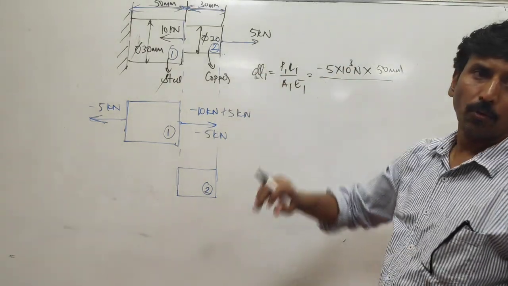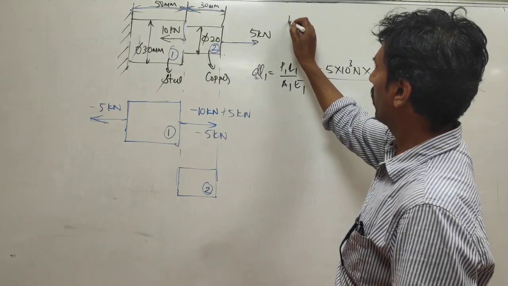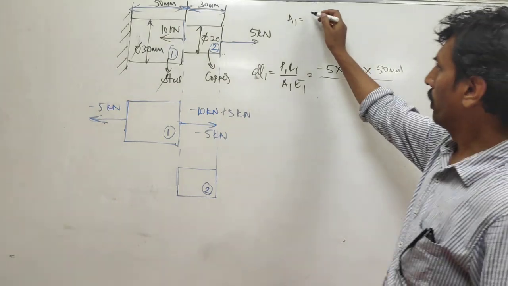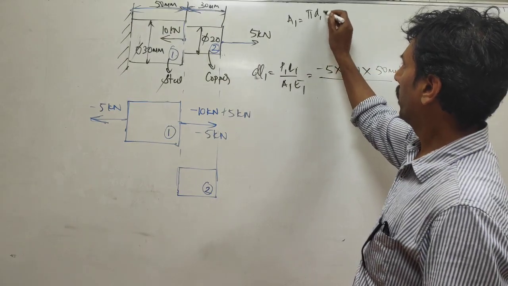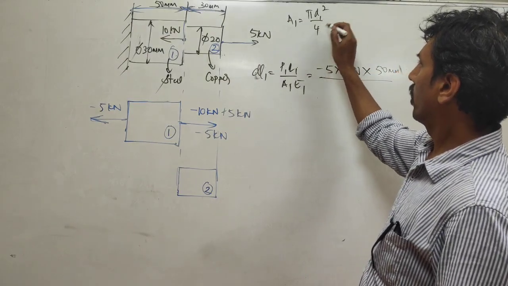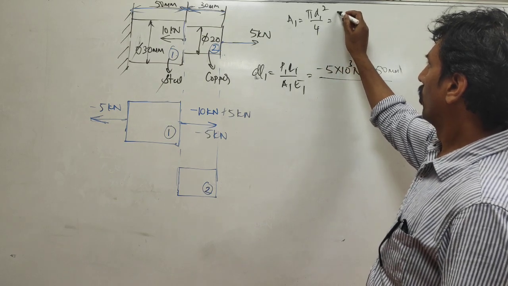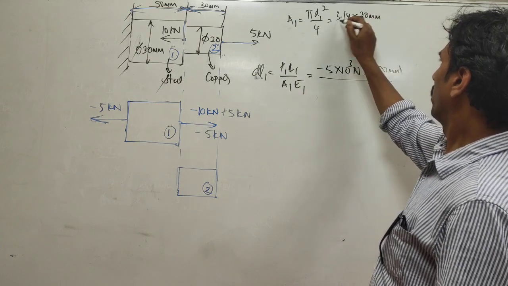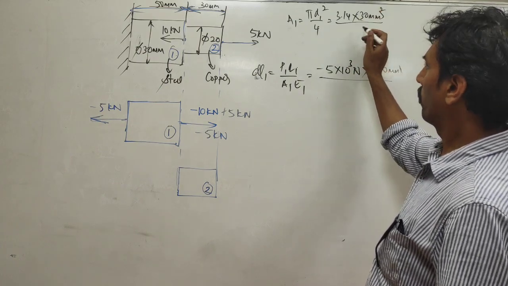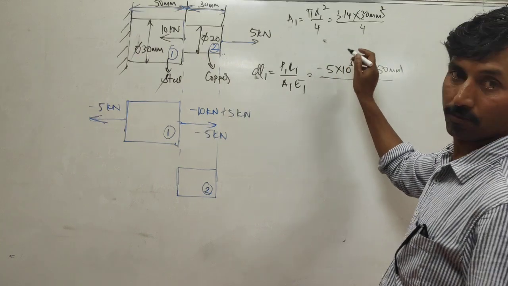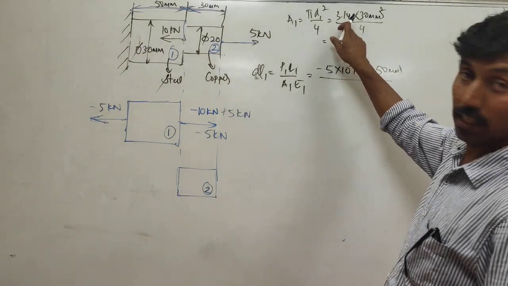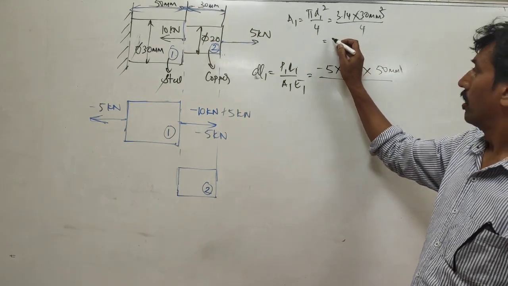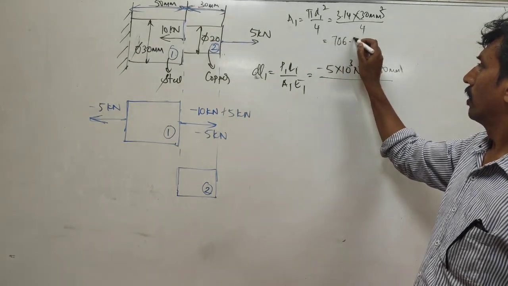And for the area, some people find this area separately. If you want to do that, you can. So pi d square by 4, pi d1 square by 4, is 3.14 into 30 mm whole square divided by 4. What is the answer? Area is 706.95 mm square.